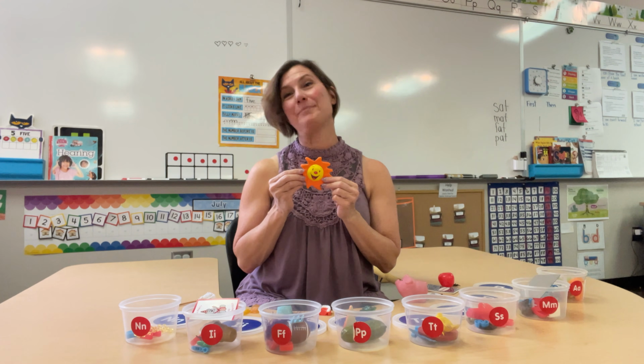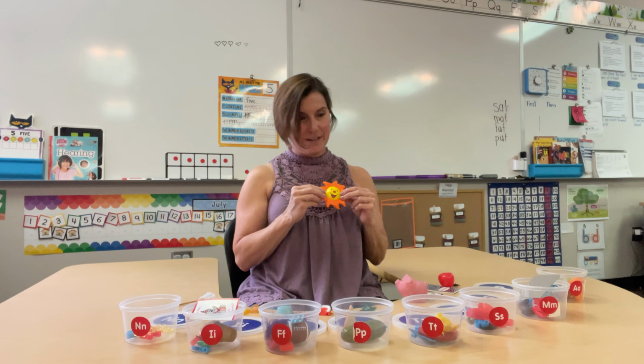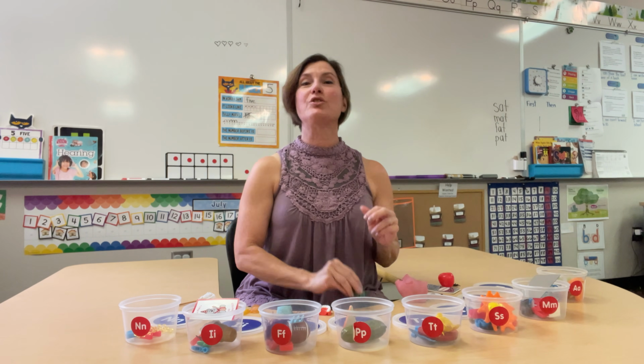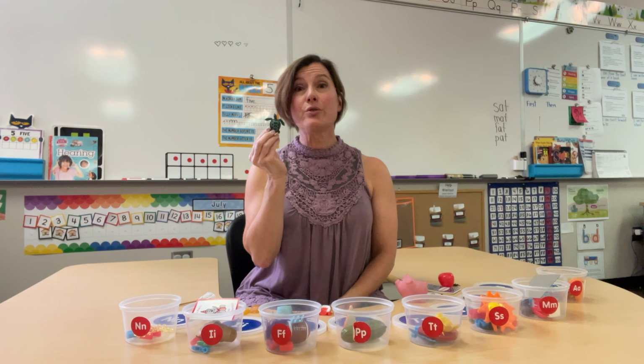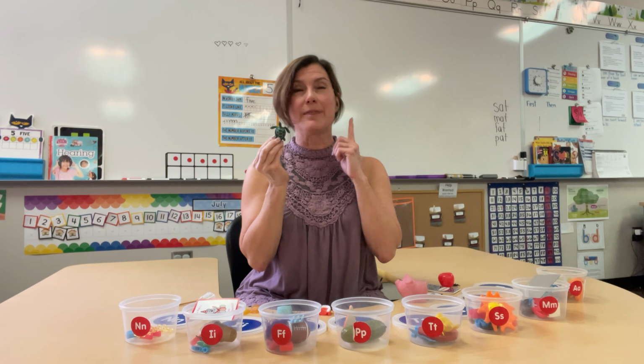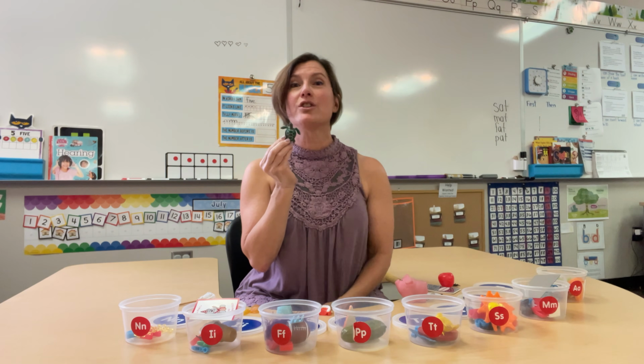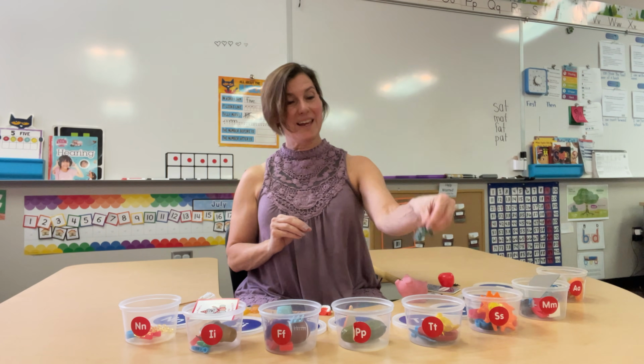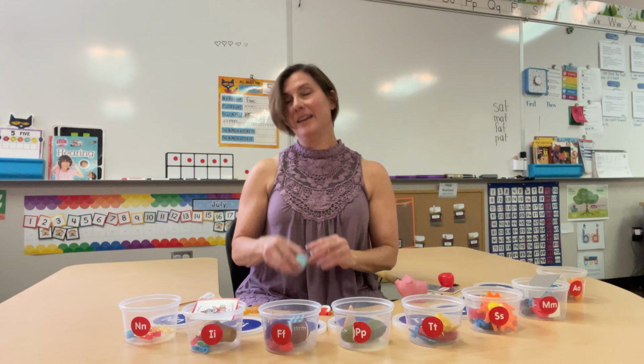You are rocking these beginning sounds. Rockin' readers. Let's find the S bin is right there. Let's do turtle. It's another 2-syllable word. We really have to think back to that beginning sound. Turtle. T. And then that one goes in the T bin.